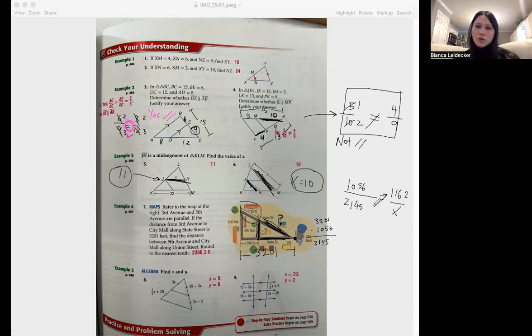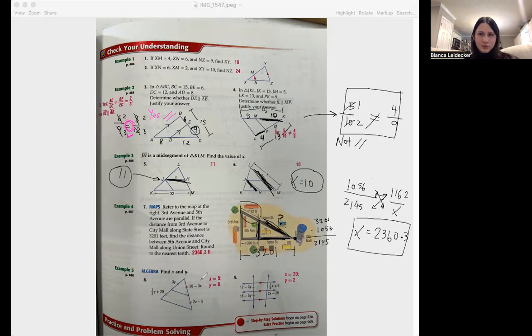And then I can cross multiply and solve. Hopefully I'm reading this correctly, that it's 1,162. Let me plug it in real fast. Yes, it is 62. So when I cross multiply and divide, X equals 2,360.3 rounded to the nearest tenth. And that is the answer there.